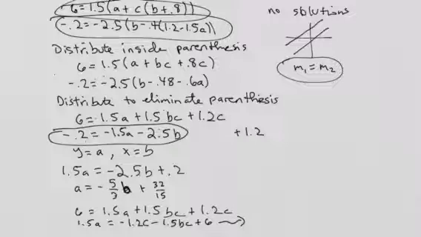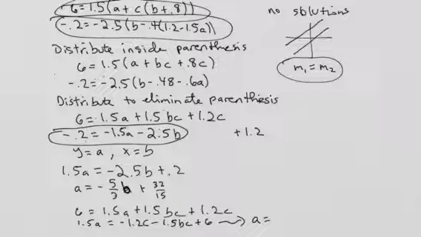What I really want to do is get A by itself there, so I'm going to divide by 1.5, and I'm going to get A equals, and again, the numbers are terrible here. The whole thing is not indicative.